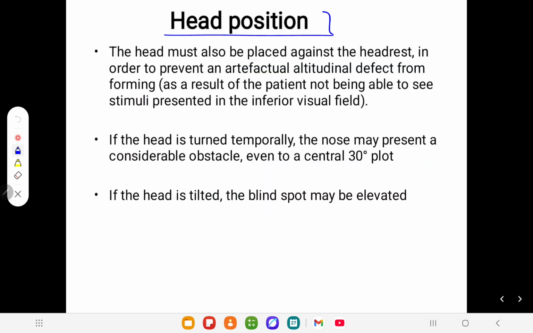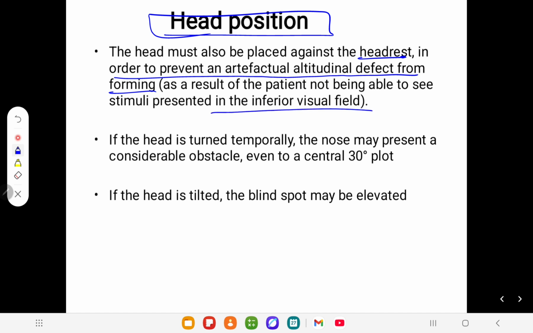This thing we never talk about generally, because head position matters the most, I think, whenever you are doing visual field testing. Let me tell you, the head must be placed against the headrest in order to prevent an artificial altitudinal defect from forming, as a result of not being able to see the stimuli present in the inferior field. That's the point.